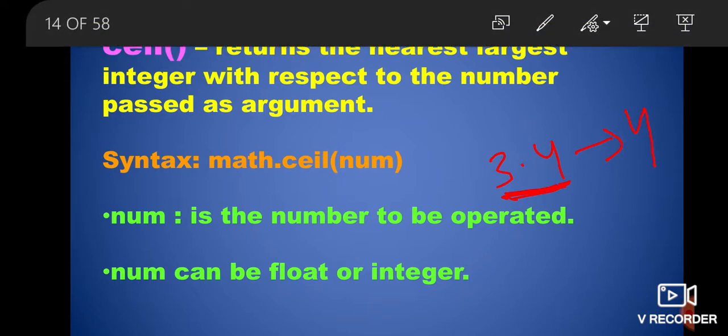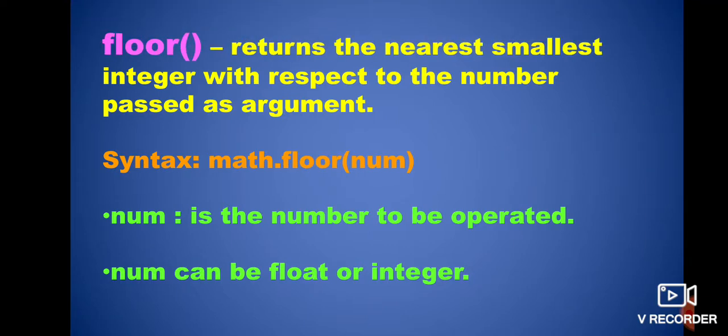Let us see the other function which converts the given floating point number into the nearest smallest integer. Now like I told you, the ceil function will always give you the larger of the two integers between which the given number lies.